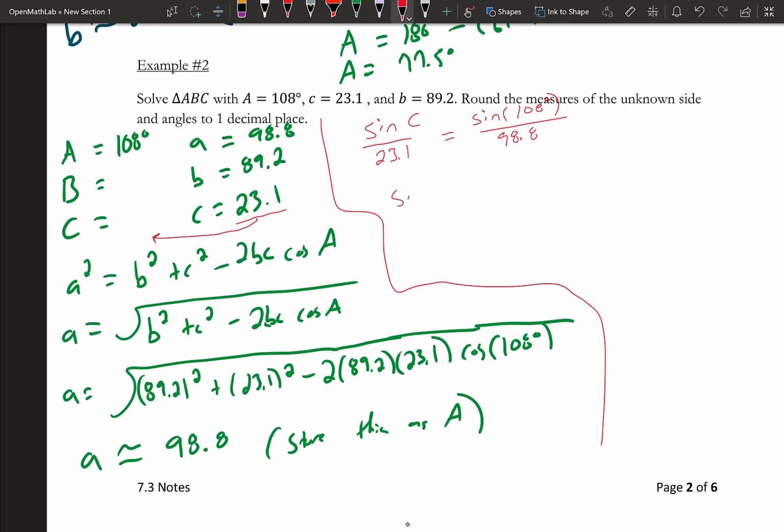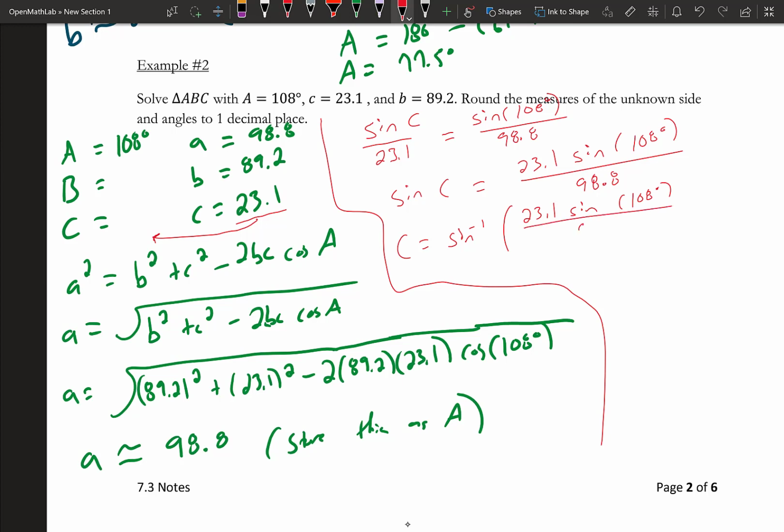So sine of C equals 23.1 times sine of 108 degrees divided by 98.8. So then C equals arc sine of 23.1 times sine of 108 degrees divided by 98.8. And again, I'm just going to use capital A that I stored in my calculator for that value.